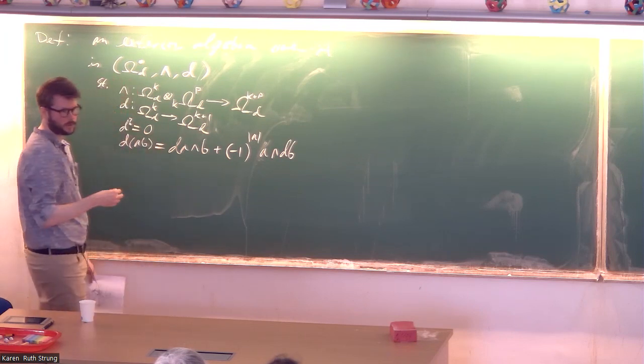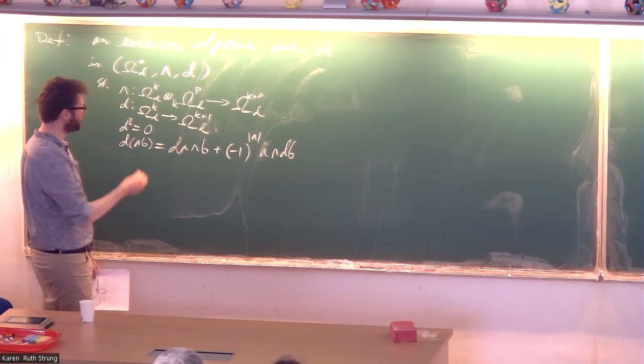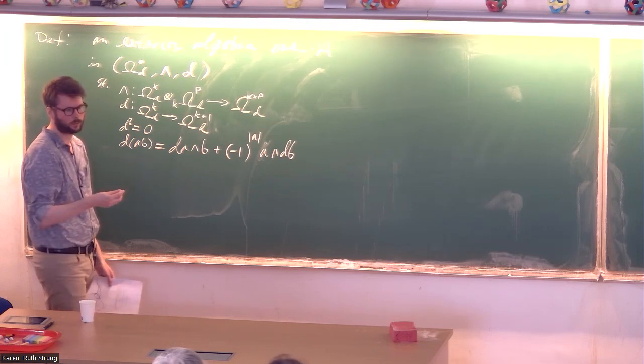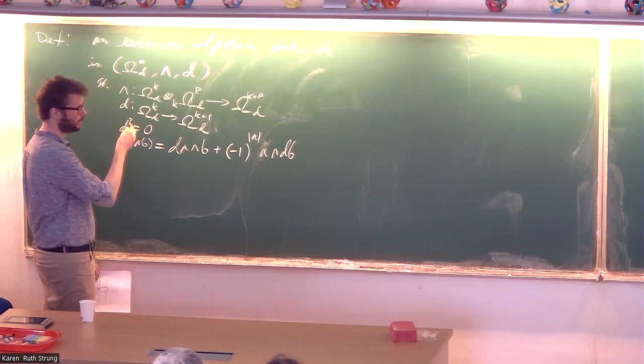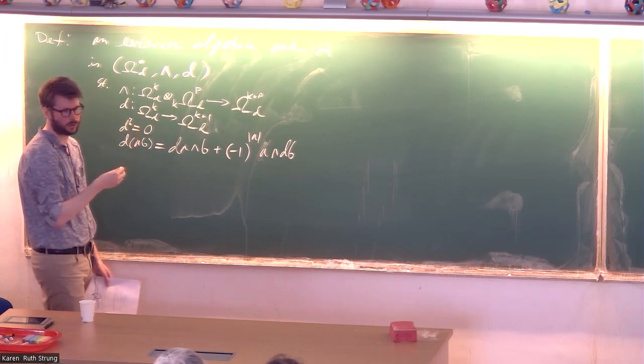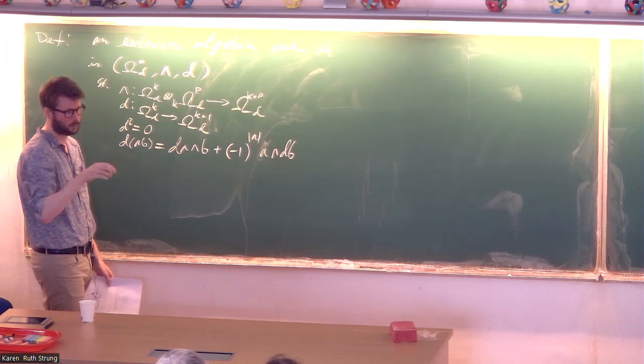And most importantly, we should have a surjectivity condition, which means that this algebra is generated either by the wedge from order 0 and 1, or by wedge and d from order 0.